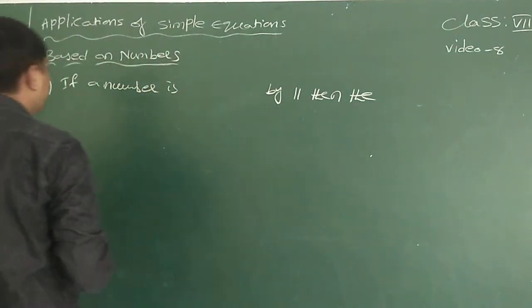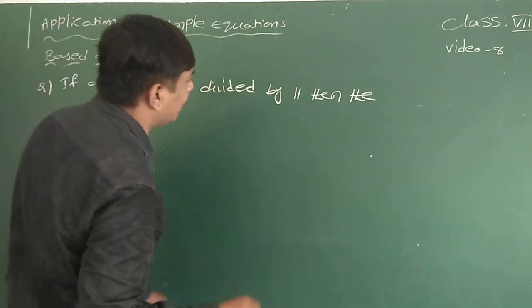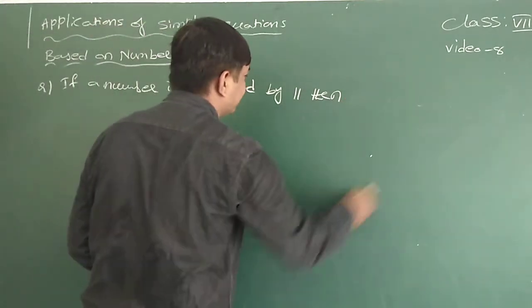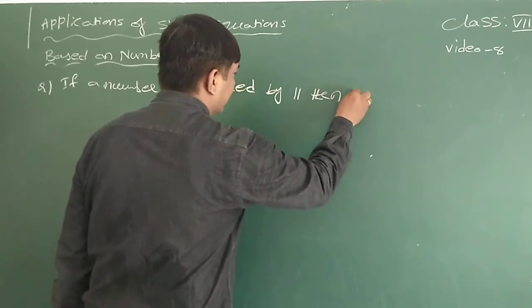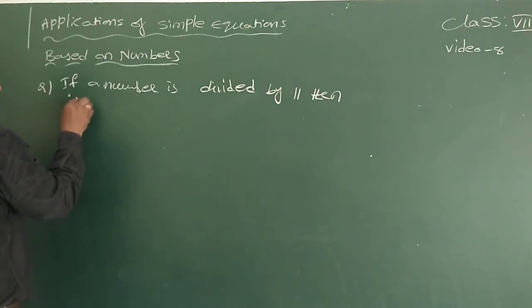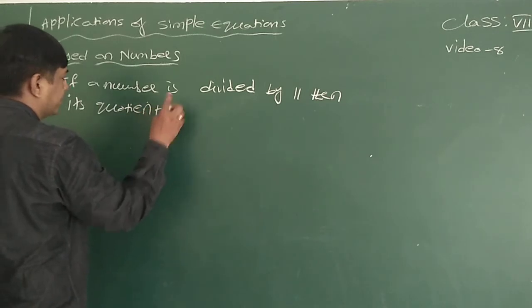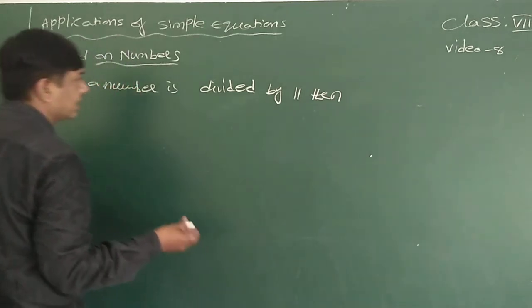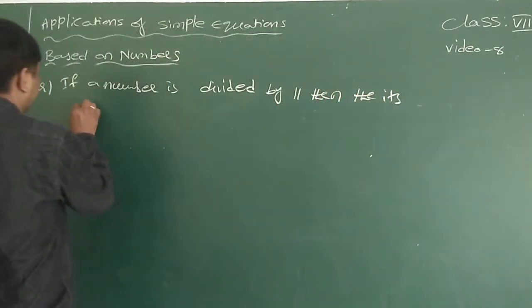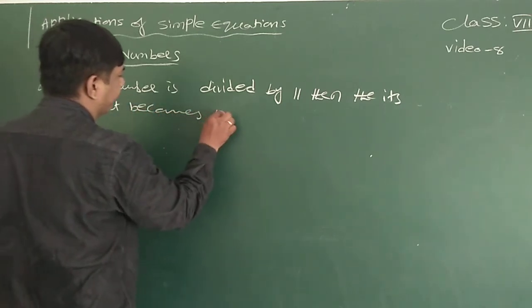Multiplication is completed. Now, if a number is divided by 11, then its result becomes 5.